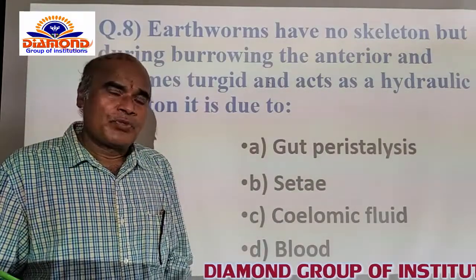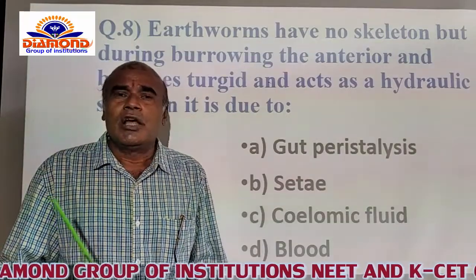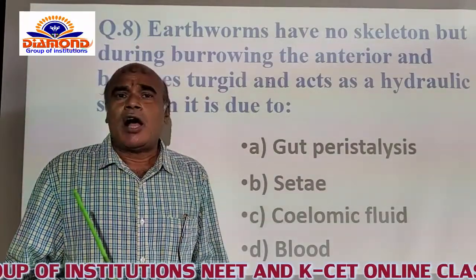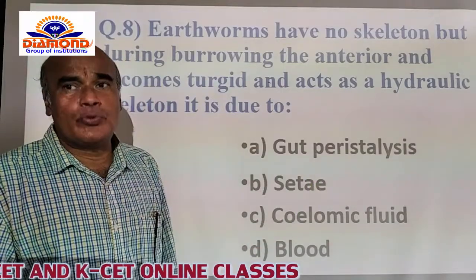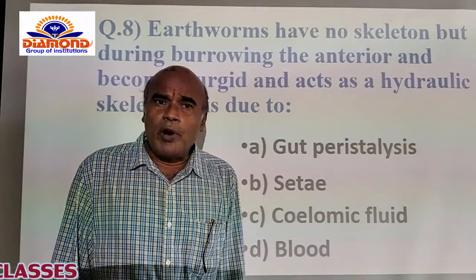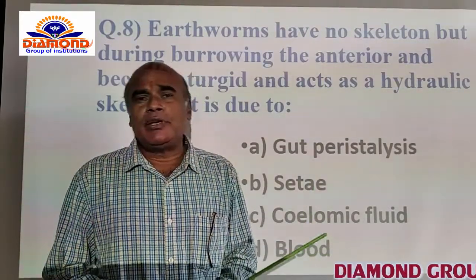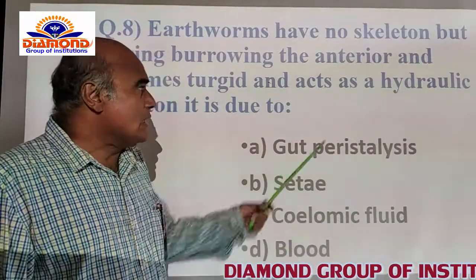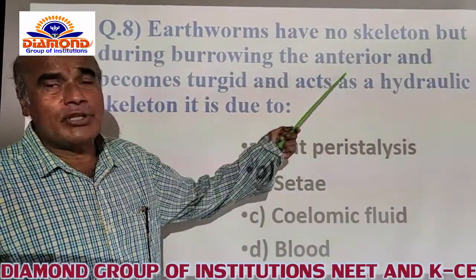The muscles naturally undergo contraction and relaxation. The contraction of the muscles of the alimentary canal is collectively named peristalsis movements. With the effect of peristalsis, the food particles are transferred from one part of the alimentary canal to another. That's why gut peristalsis is not at all concerned with this question.